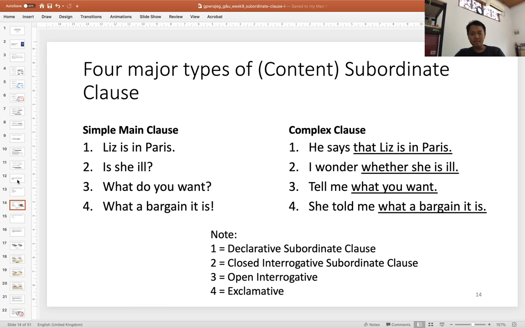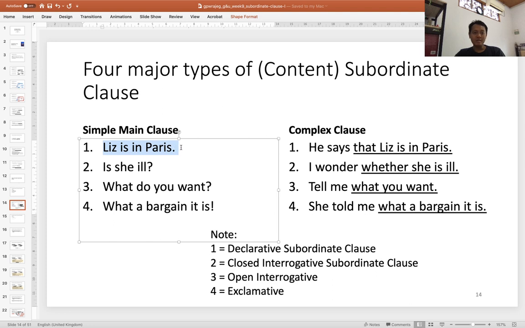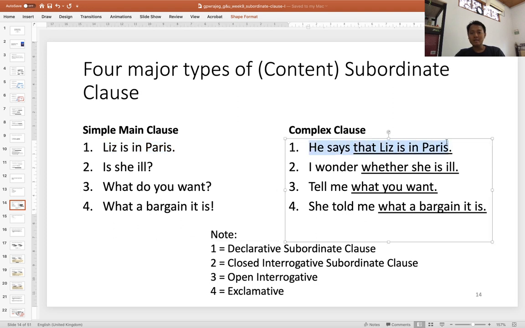In the first example is the declarative type of subordinate clause. As a simple main clause, you can say Liz is in Paris. That's a simple main clause, and it can occur as a subordinate clause here: He says that Liz is in Paris.